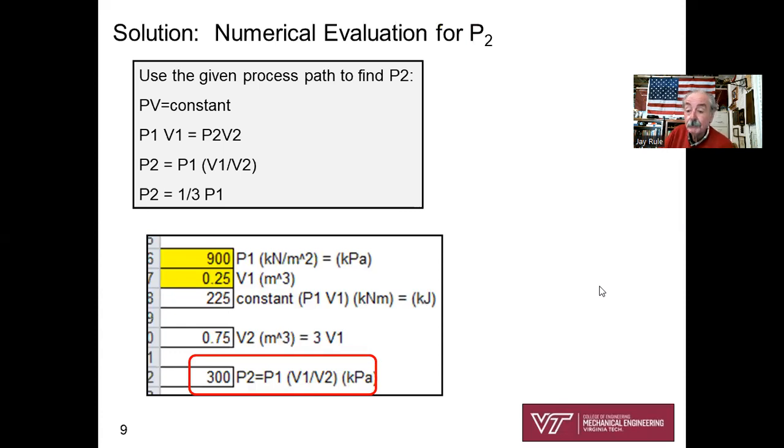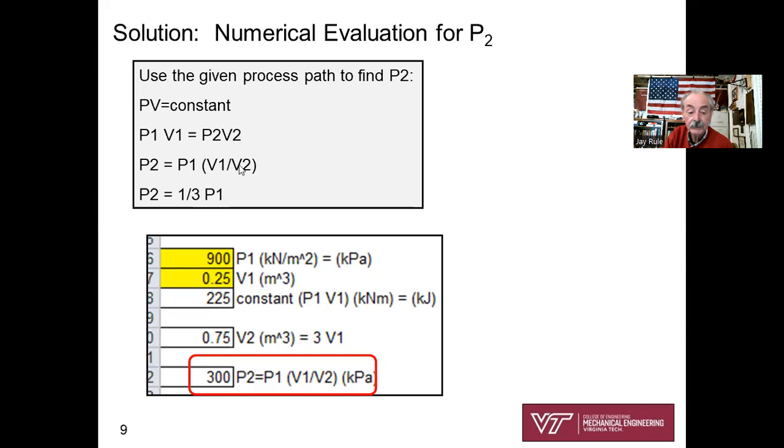Numerical evaluation for P2. So now we're going to do the numerics of the problem. How are we going to get P2? Well, PV is constant. So P2 equals P1 V1 over V2, and so P2 is 1/3 of P1. Volume triples, right?